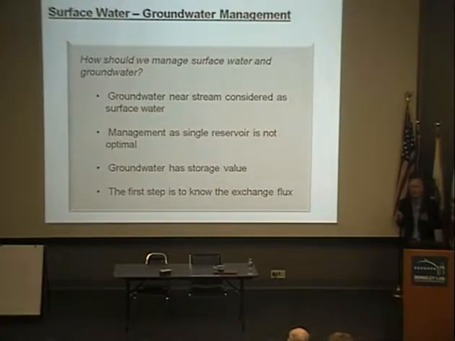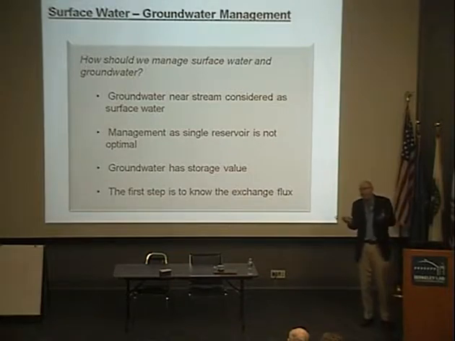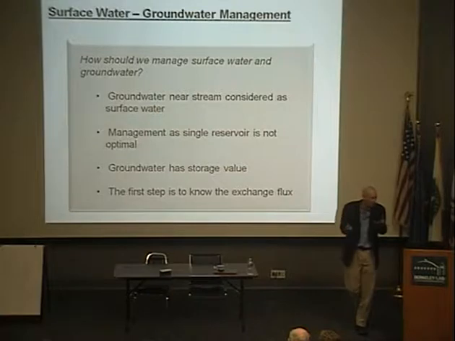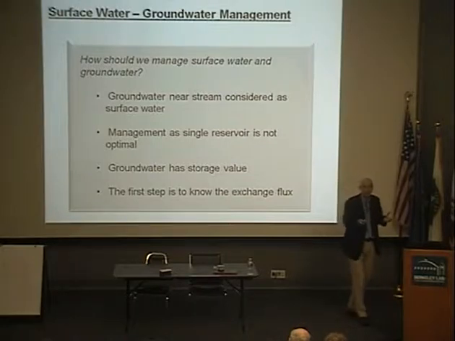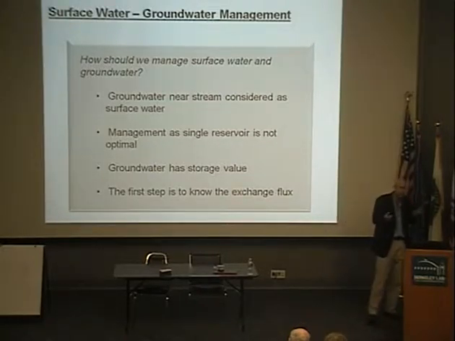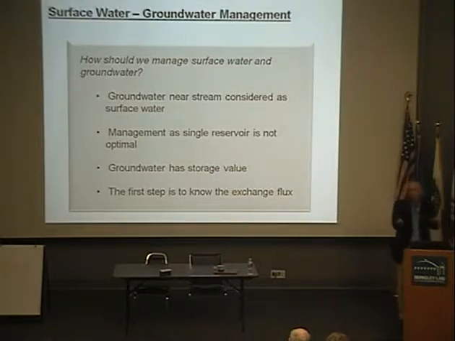We know that just working out the size of the whole bucket is not the best way to go either, because groundwater has a reservoir value that we can take advantage of. We could pump more water from the groundwater during a drought when we can't pump more water from streamflow. So there's some advantage in pumping groundwater over streamflow, at least in times of low water supply.